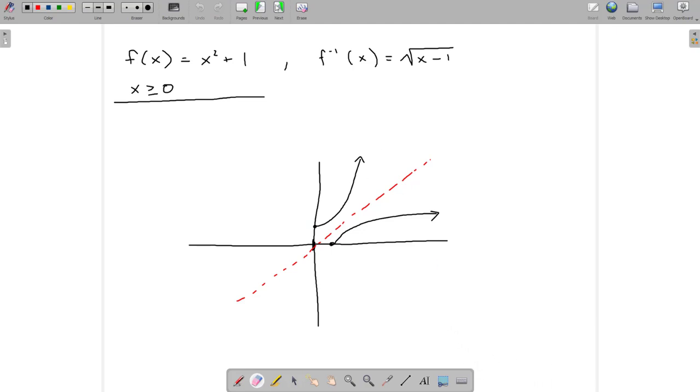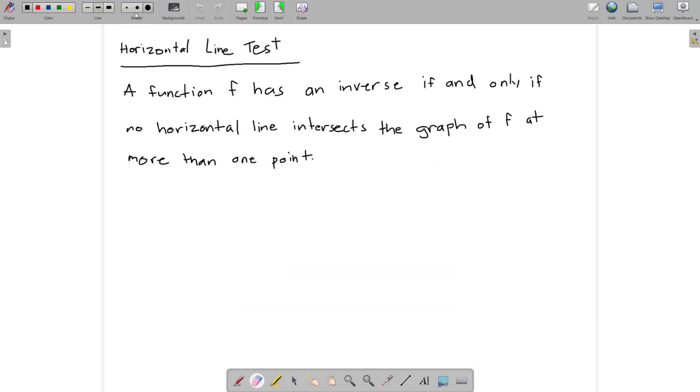So I now want to introduce the horizontal line test, which is a lot like the vertical line test that we have for functions. But here, let's read it right here. A function f has an inverse if and only if no horizontal line intersects the graph of f at more than one point.